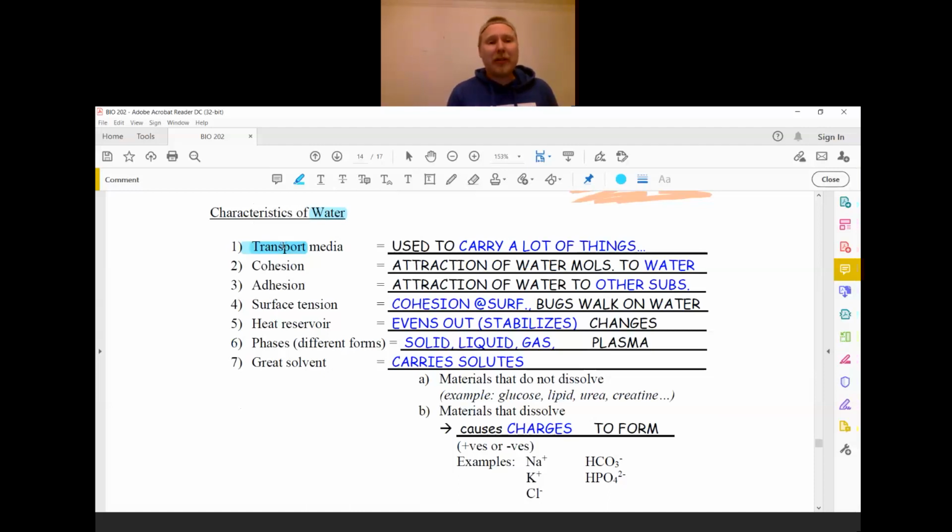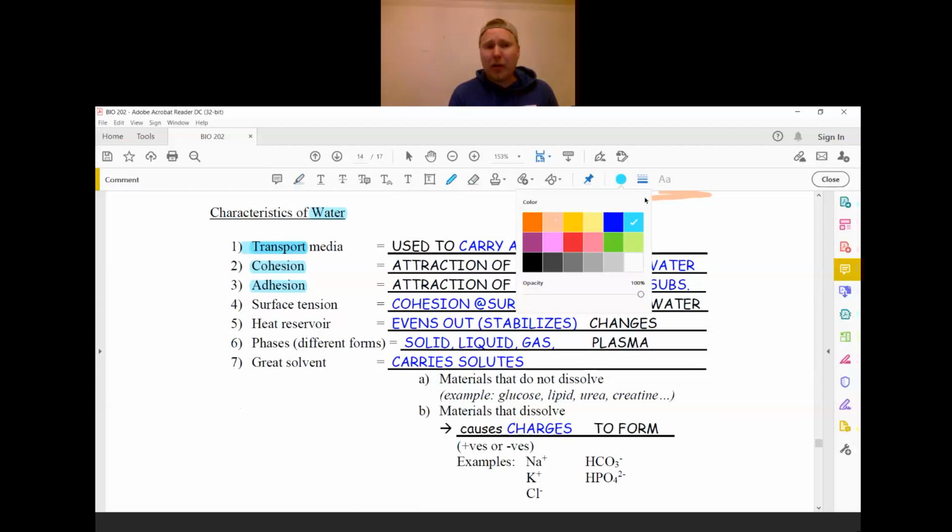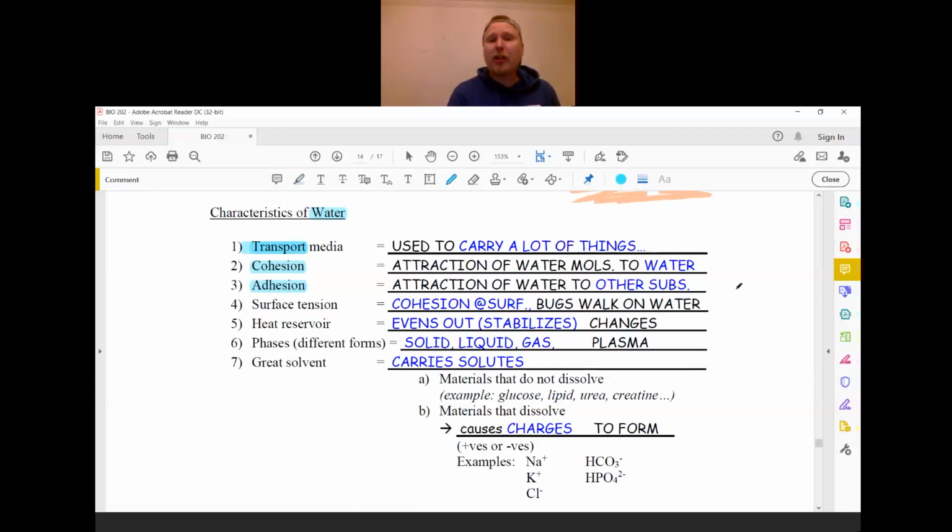Water, 2 characteristics that played a major role there in the behavior of the water is the cohesion, which was the attraction of the water molecules to other water molecules, as well as adhesion, which was the attraction of the water molecules to other polar substances or surfaces.